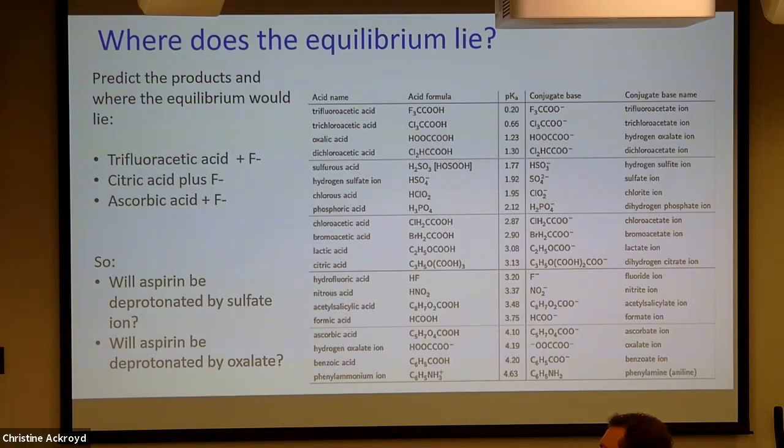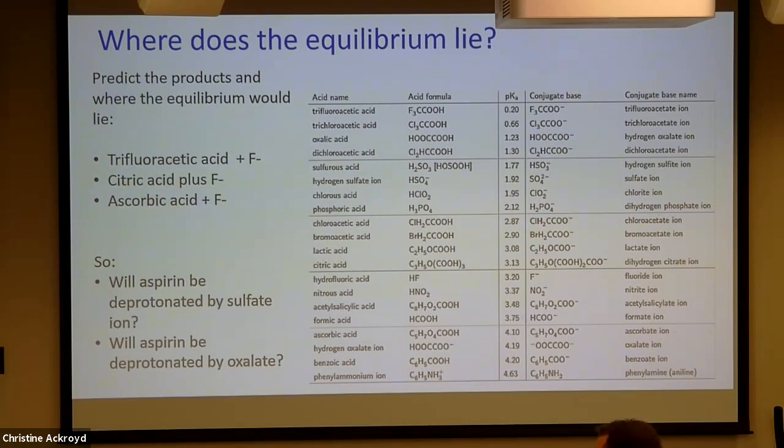HF is my weaker acid when I'm comparing. My stronger acid, what does that mean about the conjugate base strength? The stronger the acid, the weaker the conjugate base. So that makes this the weaker conjugate base and this the stronger conjugate base. Which way will the equilibrium lie?